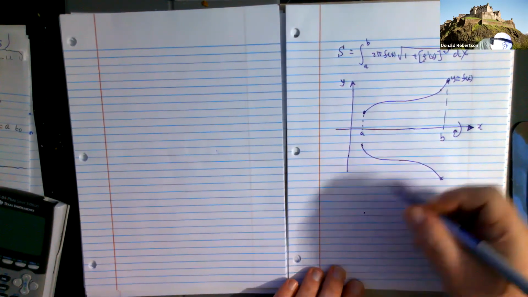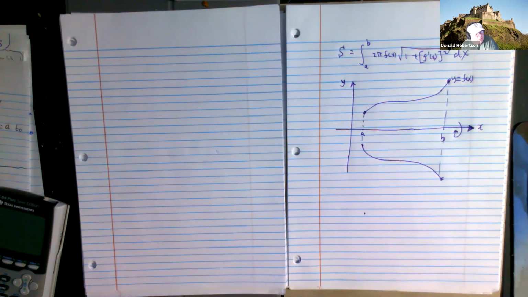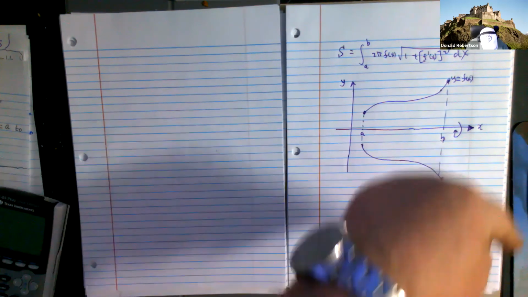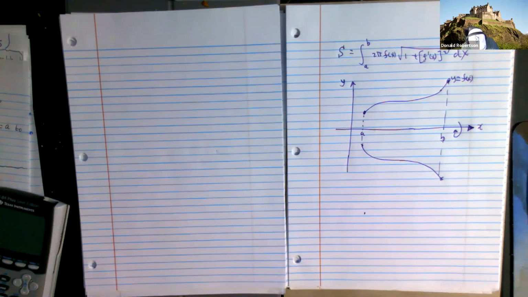Can you imagine what this shape would look like? Wouldn't it look a bit like a bell? Now, we're not going to find the volume of that bell. We've done that, way back 3 weeks ago. We are going to find what's called the surface area of that bell.